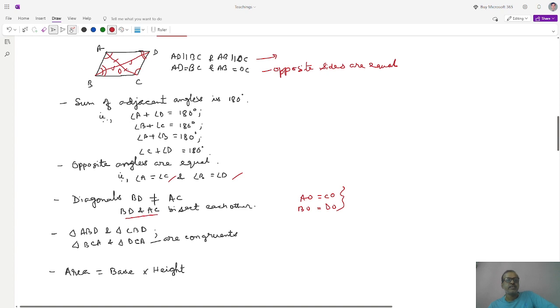Similarly, diagonal AC divides this parallelogram into two equal halves, triangle ABC and triangle ADC, and these two triangles are congruent. Okay.